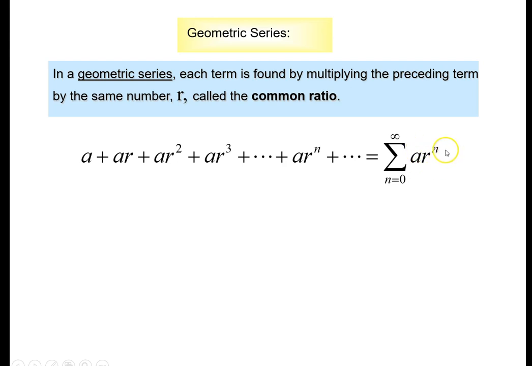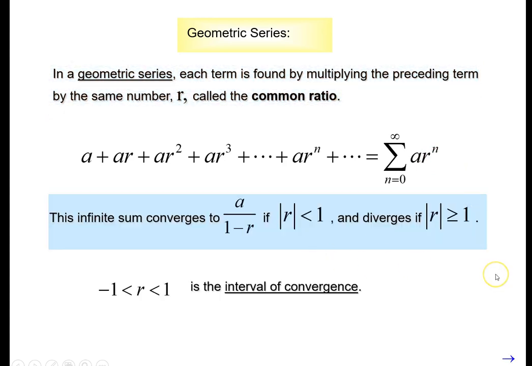And so r to the n, or r raised to some power, is what tells us this is a geometric series. An important fact about a geometric series is that we can always tell if the series is going to converge or diverge based on what the r value is. The absolute value of r, and I'm using absolute value because r could be negative, that's called an alternating geometric series, which we'll get into later in the chapter.